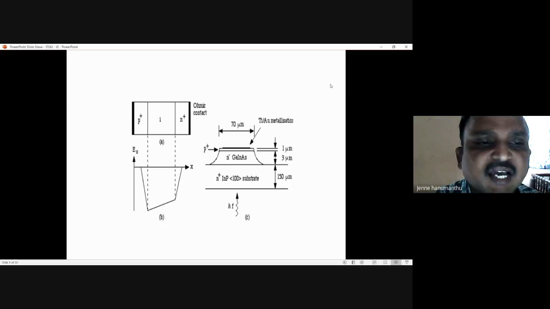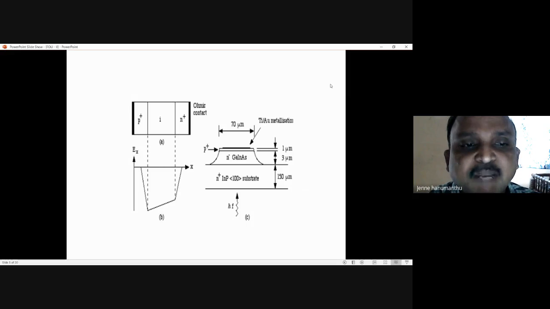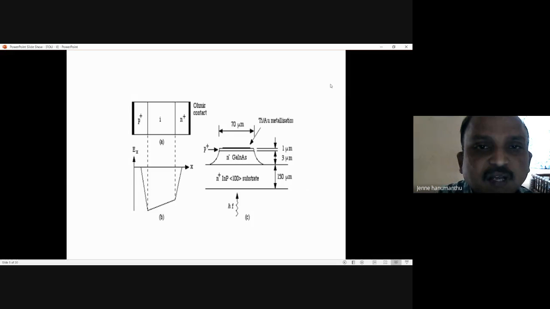See here, this P plus. See the structure? P plus refers to heavily doped P, and N plus refers to the heavily doped N region. In between P and N is a very lightly doped I region, where I refers to the intrinsic region.